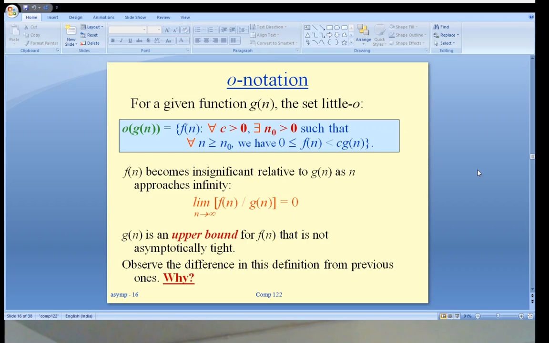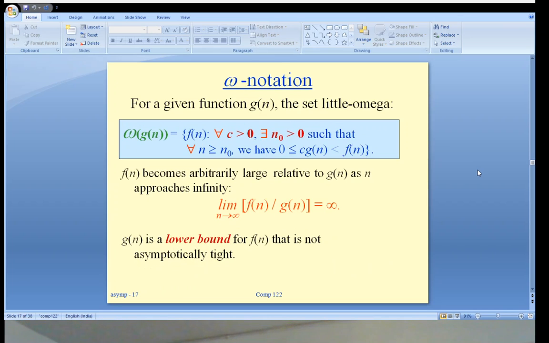So f(n) becomes insignificant to g(n) as n approaches infinity, meaning g(n) becomes much more dominant than f(n) for very large values of n. So g(n) is an upper bound for f(n) that is not asymptotically tight.